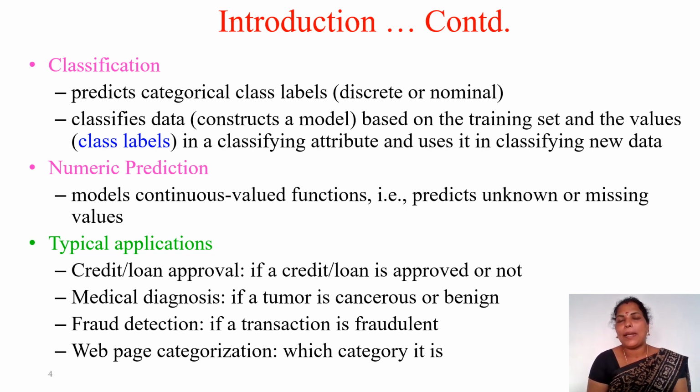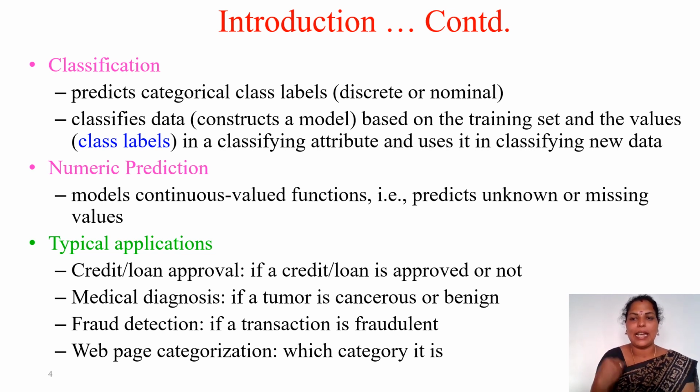Some of the applications for classification and numeric prediction include credit card loan approval, that is, whether a credit or loan is approved or not. So we can classify it. How are we classifying it? Based on historical data, that is earlier financial transactions data, we construct a model.